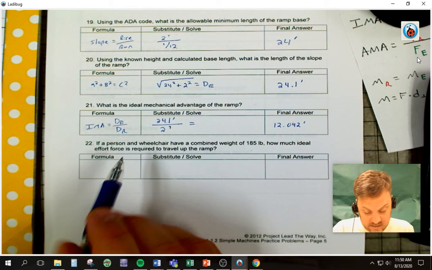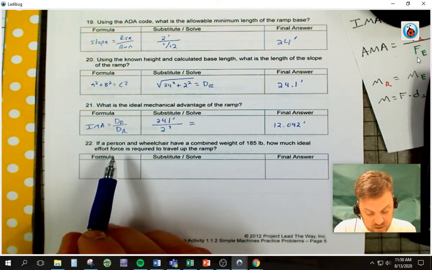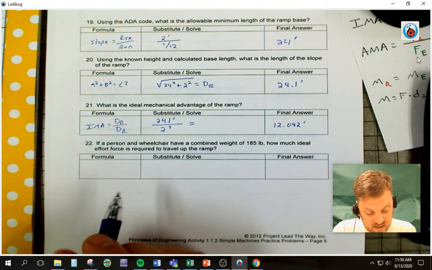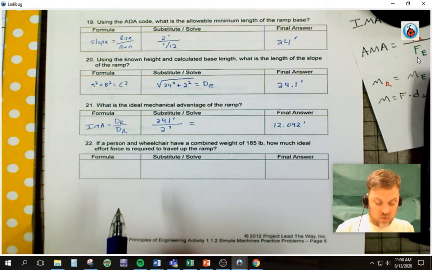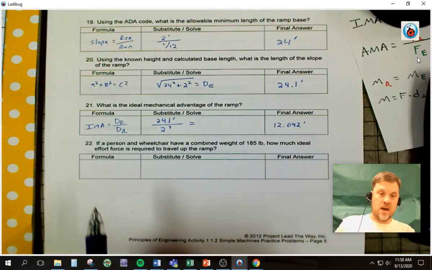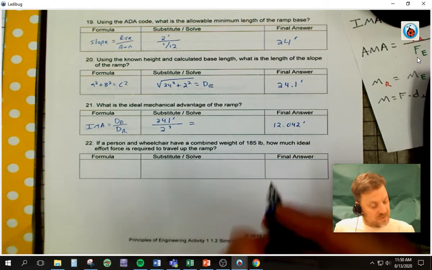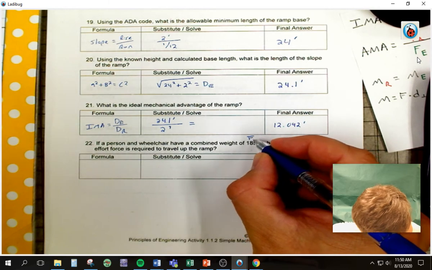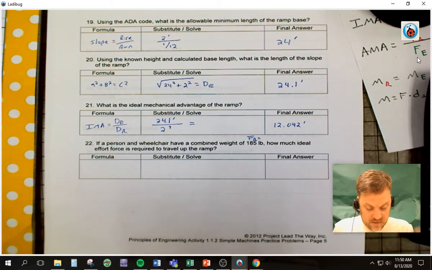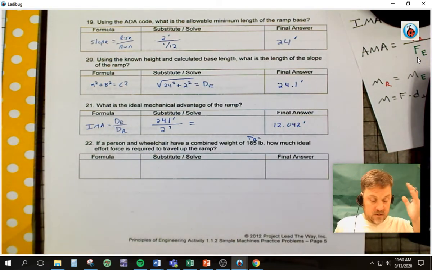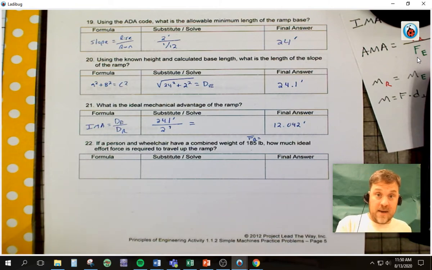All right, next it says if a person and wheelchair have a combined weight of 185 pounds, how much ideal force is required to travel up the ramp? Well, what did they just give you? The person, that's going to be your force resistance. So this is FR, okay? So remember, we can set IMA equal to AMA and solve for this.